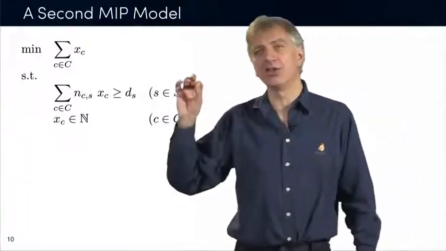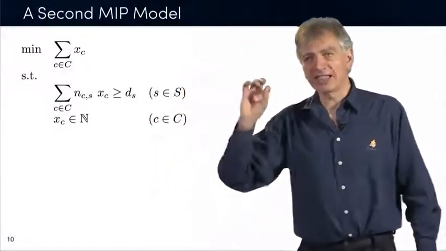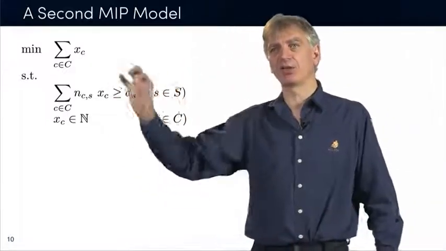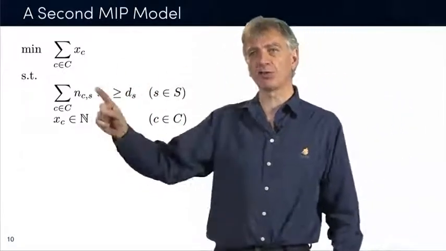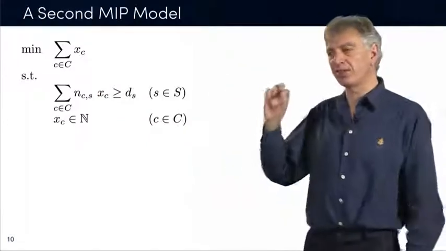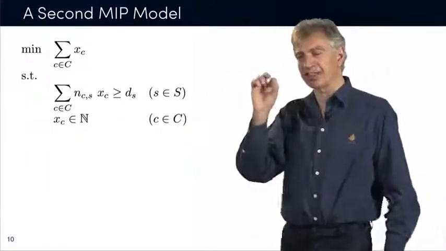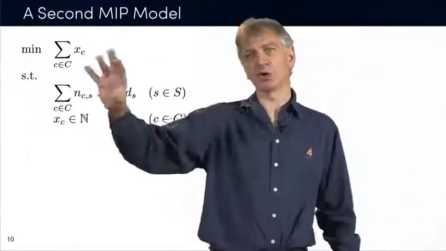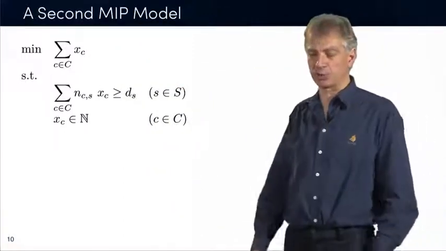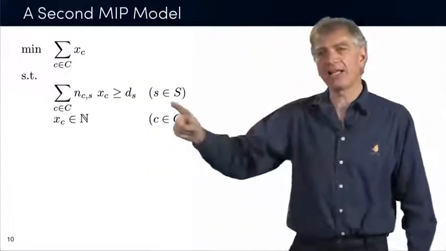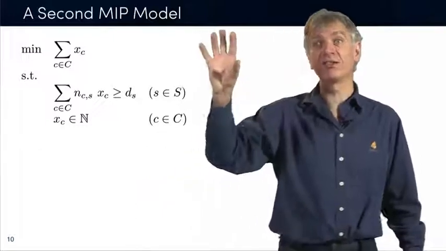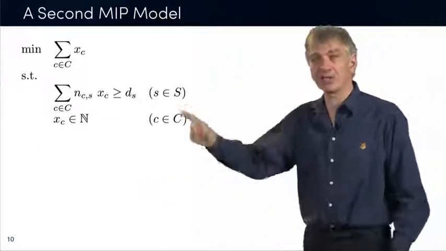NCS is telling you the number of shelves of type S that configuration C is providing. So if you multiply these two, you have the number of shelves of type S that are produced by all the configurations C that I'm cutting, and that has to be greater than or equal to the demand for shelves of type S. That's what this constraint is doing.